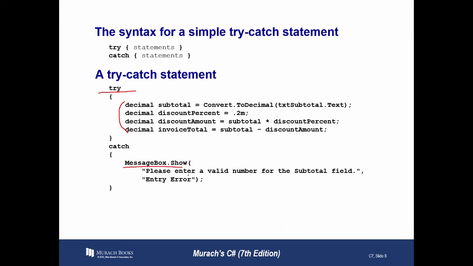The message is, please enter a valid number for the subtotal field. So your user has done something you anticipated because you've done a try catch, or something you haven't anticipated, so you've got to come up with a way to handle it. That's really the point of that. We should probably have a look at that inside our applications.